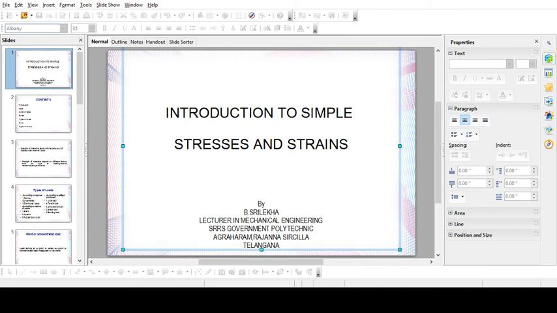The types of strains are tensile strain, compressive strain, and shear strain.